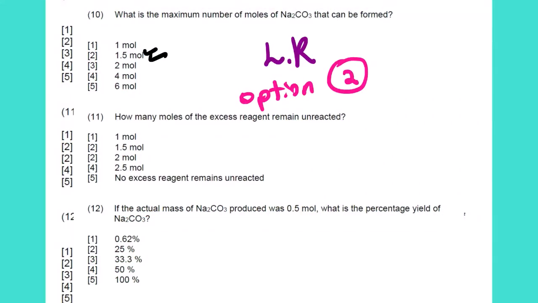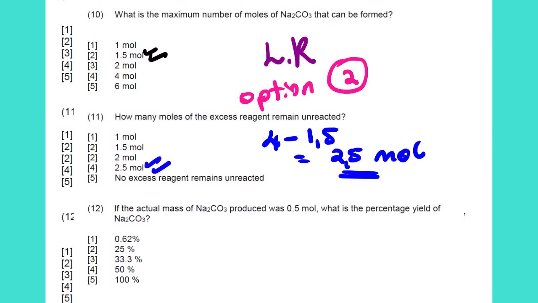Or we can quickly write it here. So we are going to take 4 minus 1.5, it will give us 2.5 mole. So this is the number of moles that is left, which is option 4. Option 4 is the correct option.